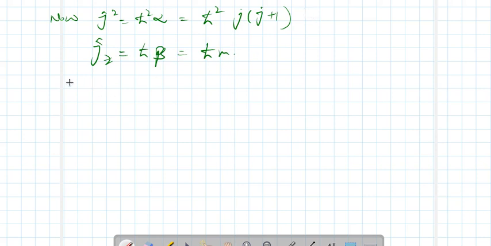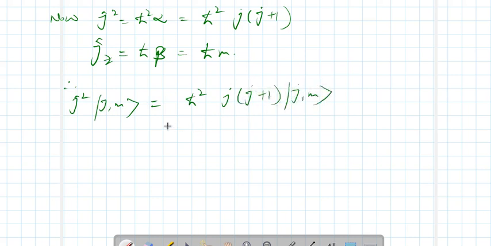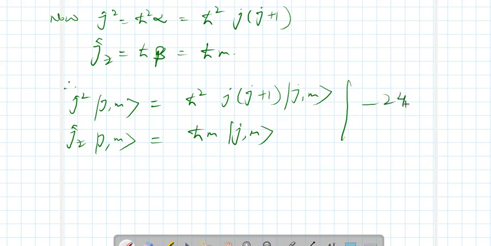Therefore we can write that J square when operating over jm is equal to h cross square j into j plus 1 times jm, and Jz on jm can be written as h cross m into jm. Let me call it as equation number 24.